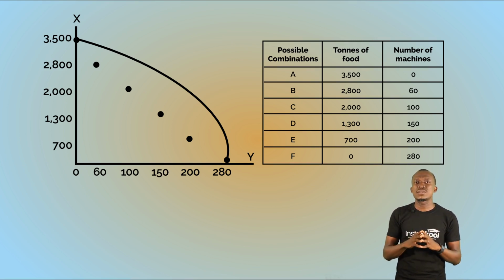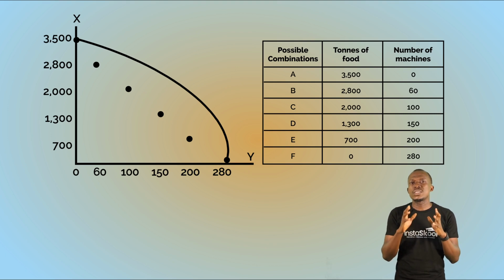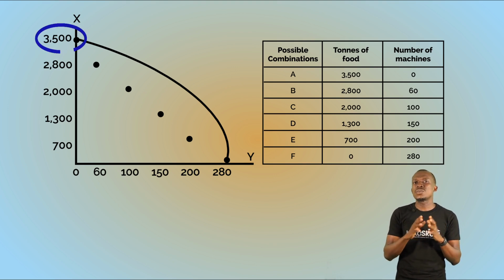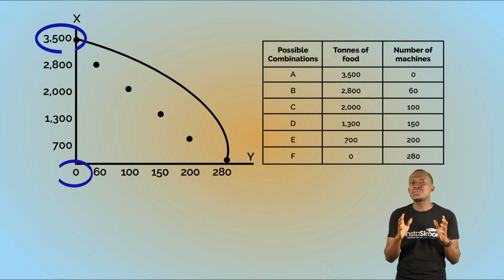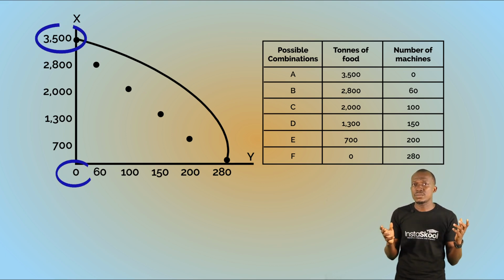Next, we dot the connections. Of course, when food is 3,500, machines is 0. So that is why our curve usually starts from the axis. It starts from one axis and ends at the other axis because the other variable is 0.